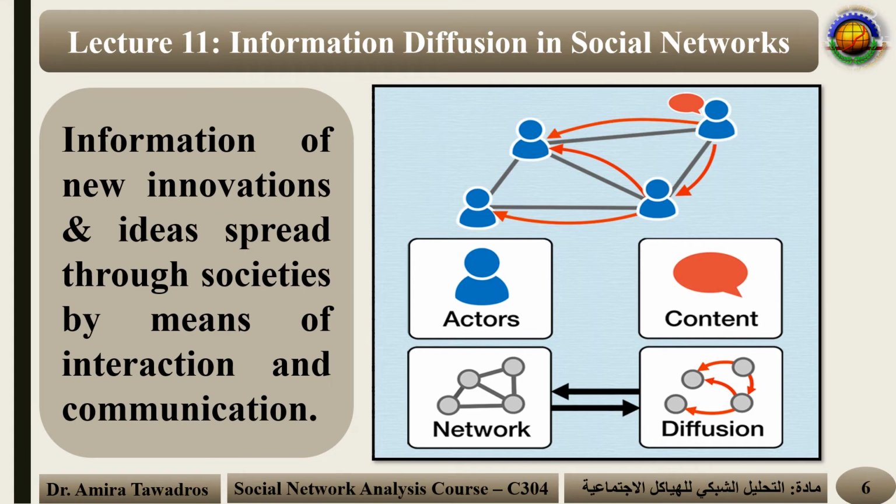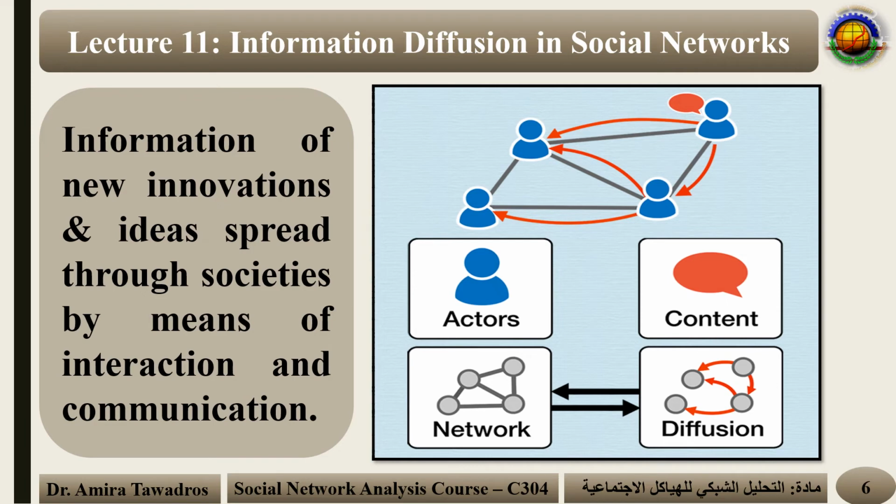It needs a network because if people are not connected together, then this message will not be transferred from one person to another. If you don't communicate with any other person, you will not be able to deliver your message to anybody. And if you are communicating with three or four persons, then you will be able to deliver this message to the people who are located in your social network.